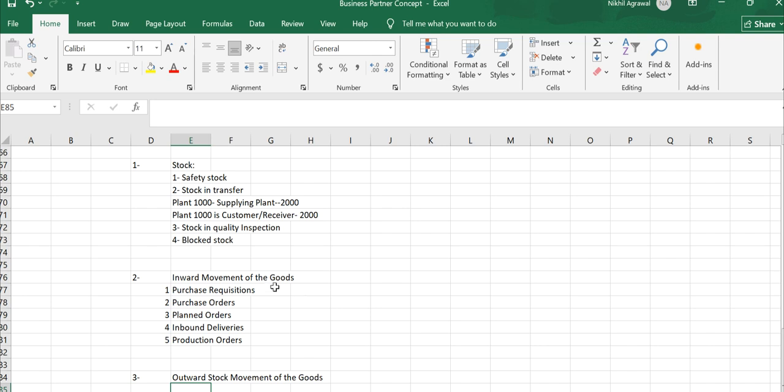It's not coming in. Here stock is coming into the warehouse; here outward stock is going out.